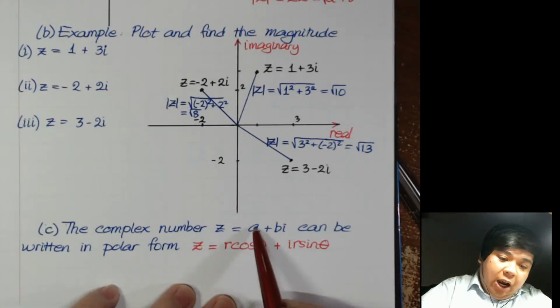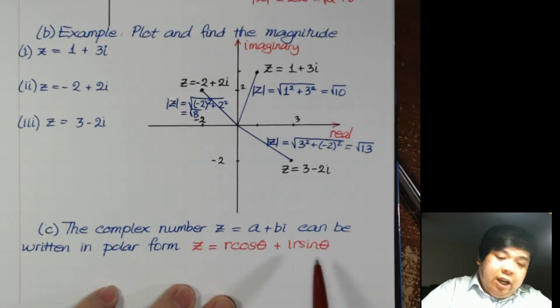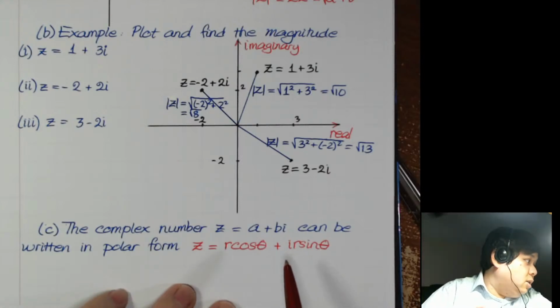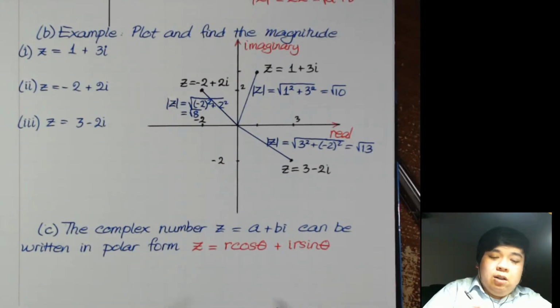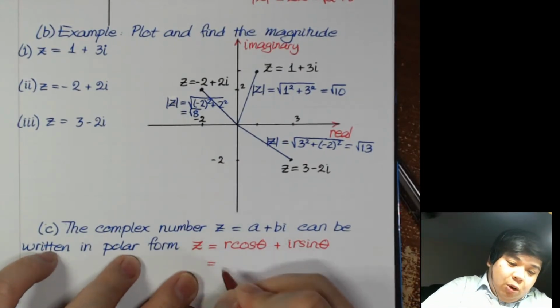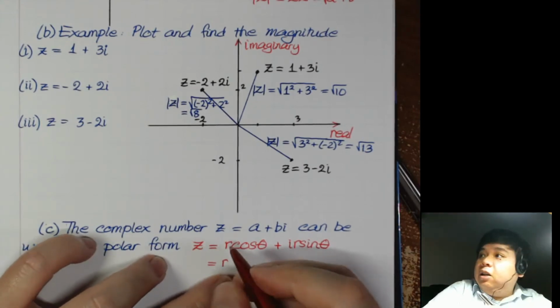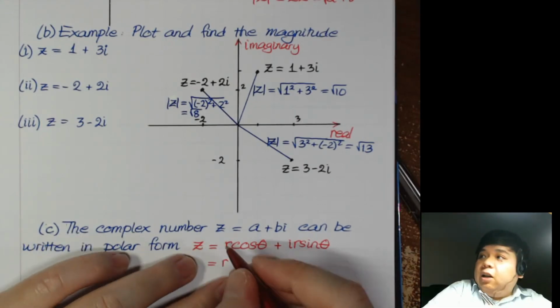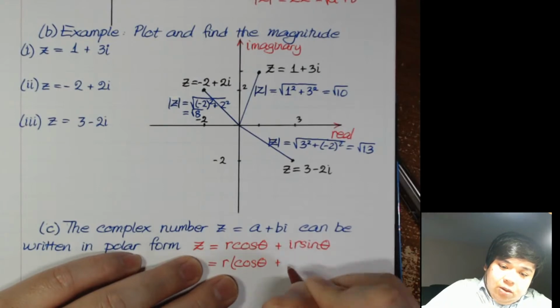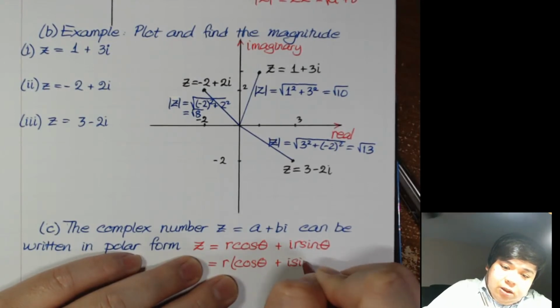So pretty much a is equal to r cosine theta and b is equal to r sine theta. We can factor out r. We have r times cosine theta plus i sine theta.